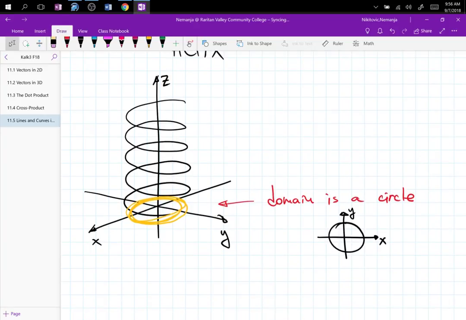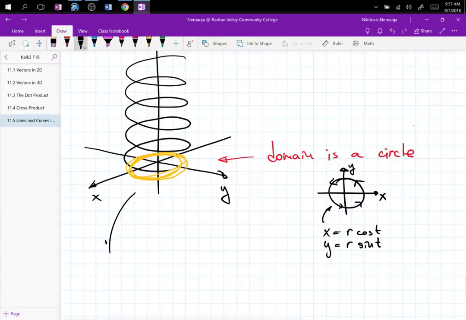And we know that the equation for this line, if it's oriented counterclockwise, is x equals r cosine t, and then y equals r sine t. So now what is the equation for the helix?